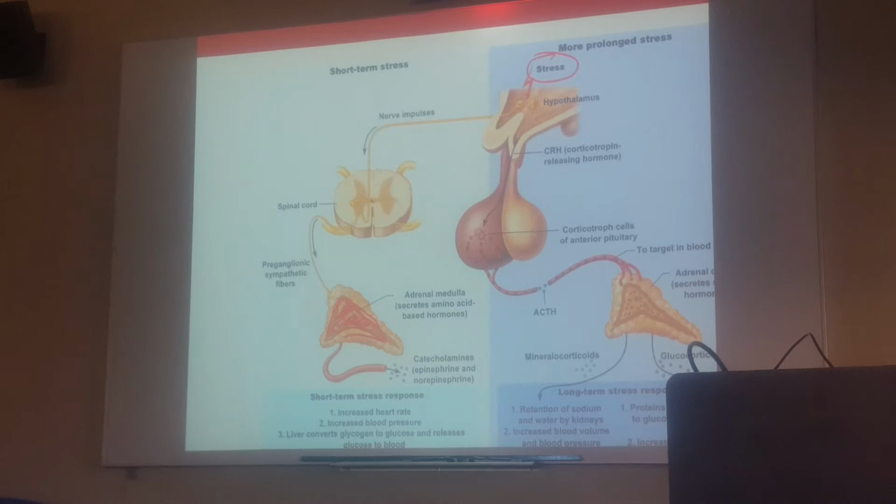Adrenal medulla, okay? When the sympathetic stimulation comes down, it's going to secrete amino acid-based hormones, these catecholamines, epinephrine and norepinephrine, okay? So, does anybody know, and this was an answer on the quiz bowl.